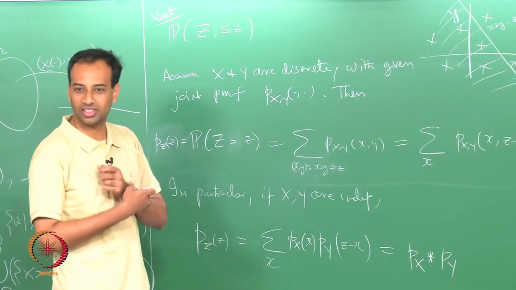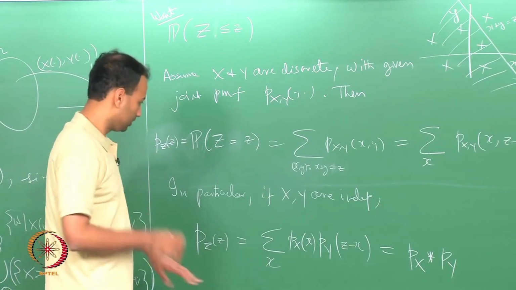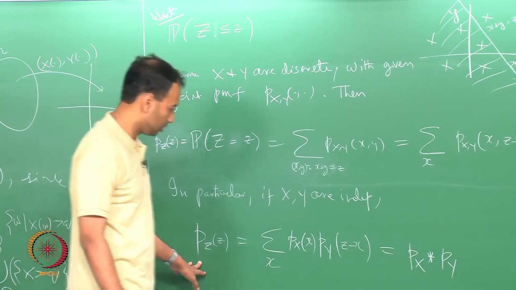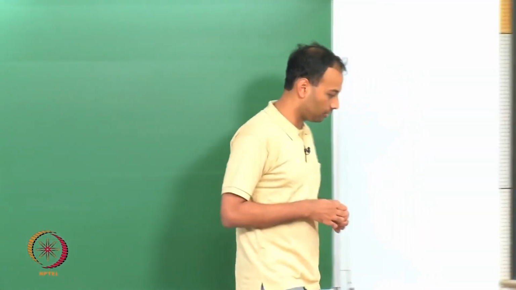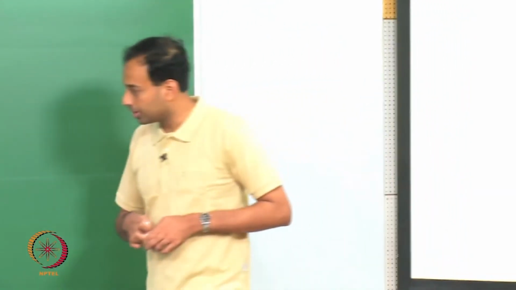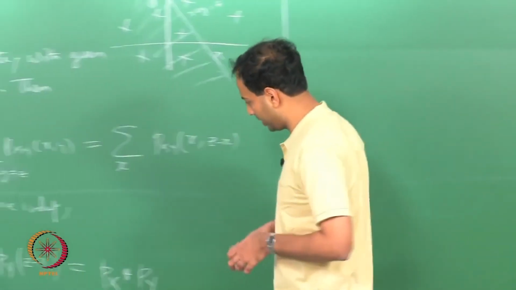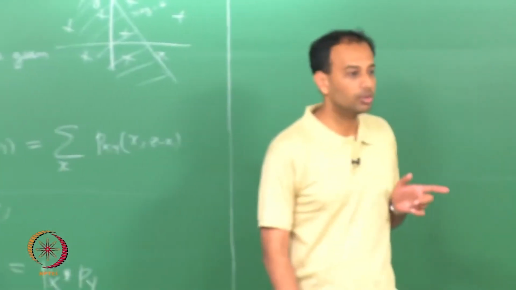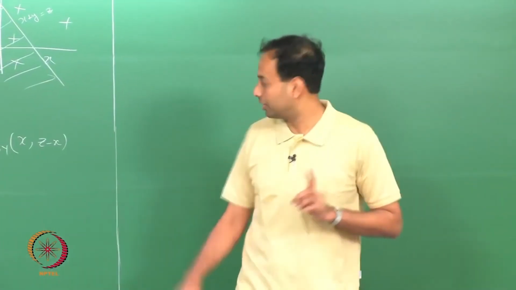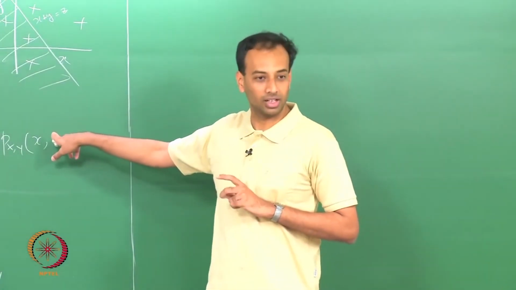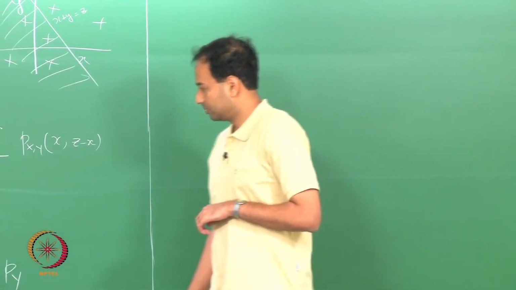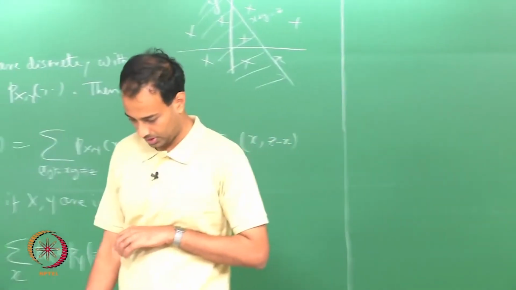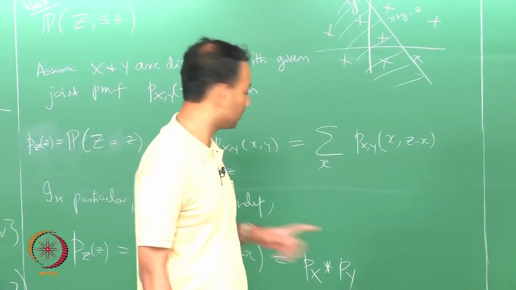F convolution G is the same as G convolution F. So, if you are given two independent discrete random variables and you want to find the PMF of the sum, you will just go ahead and convolve the individual PMFs, but only if they are independent, otherwise you have to do this. This is the more general formula. Okay. So far okay.